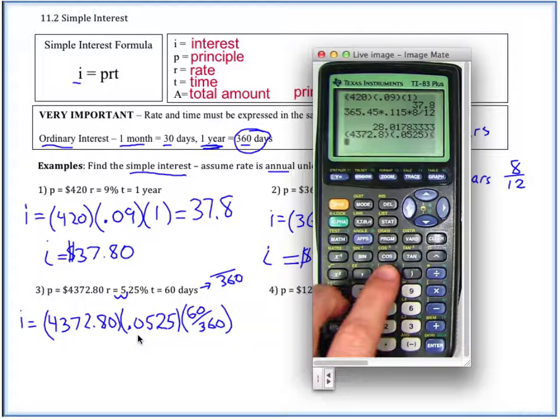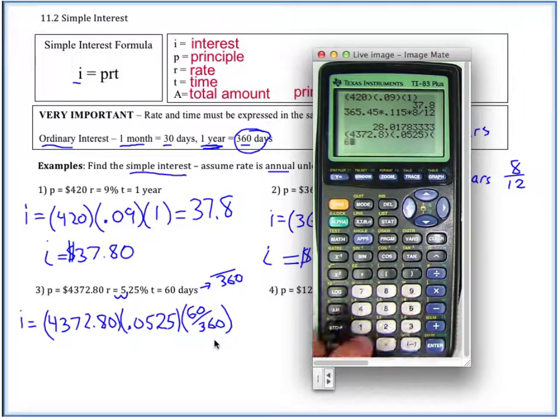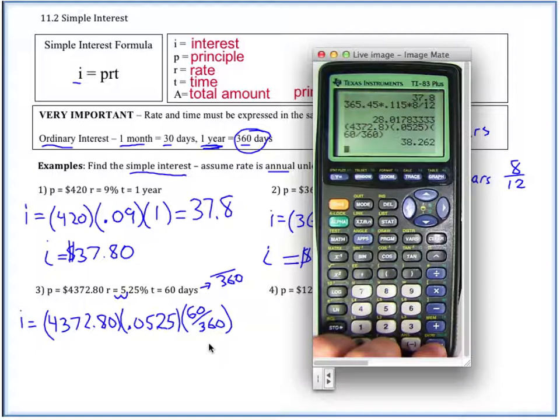And then parentheses again. And now I'll do 60 over 360. So 60 divided by 360. And here, 38.262, and the 2 does not round up, so this is actually $38.26.